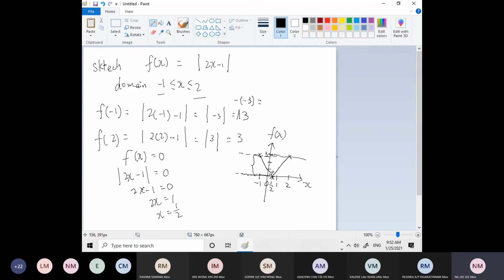Here is 0, 0 to 3. Remember, sorry, this is equal sign, because your domain got equal sign, so your range also got the equal sign. Remember range is f(x), domain is x. Then you write this is range, double dot. So I have answered for this part.